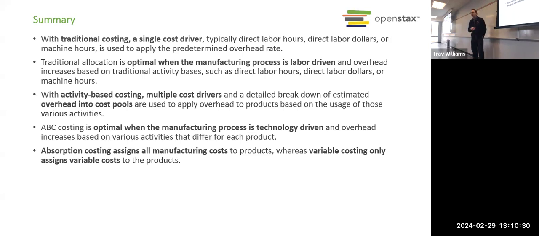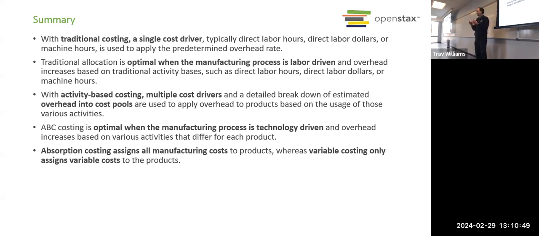So we also talked about absorption costing, which, as you might remember, is what we already are used to, where the fixed manufacturing costs get absorbed into your manufacturing costs. But with variable costing, it's different.